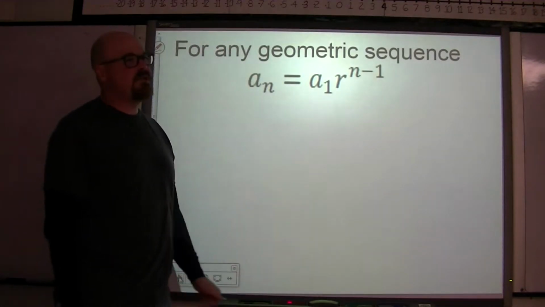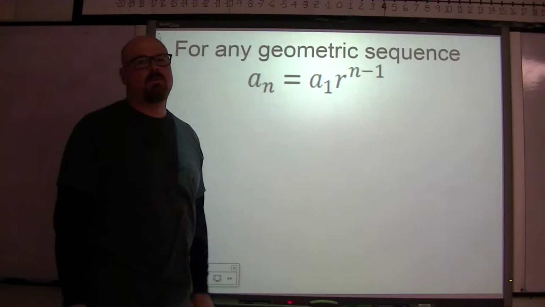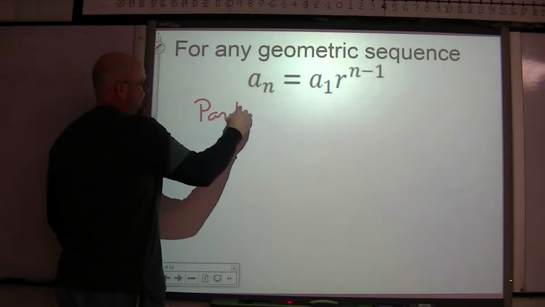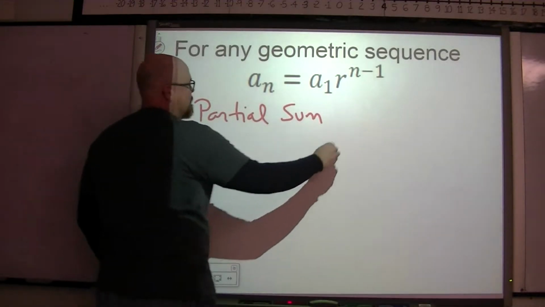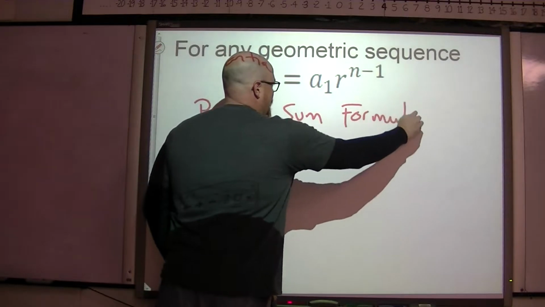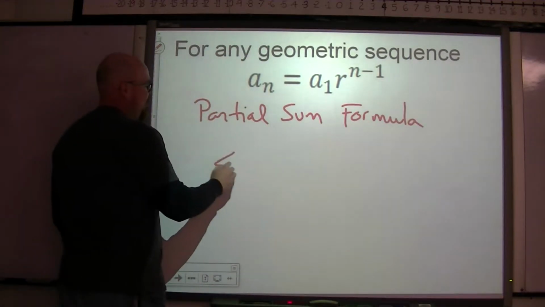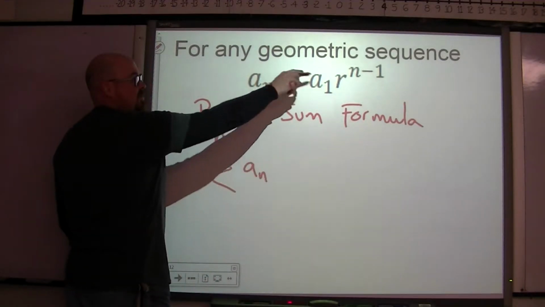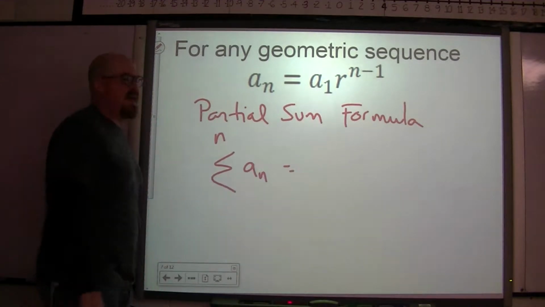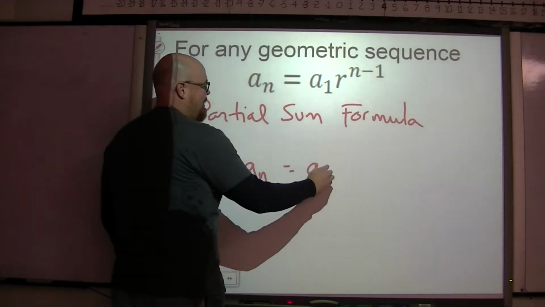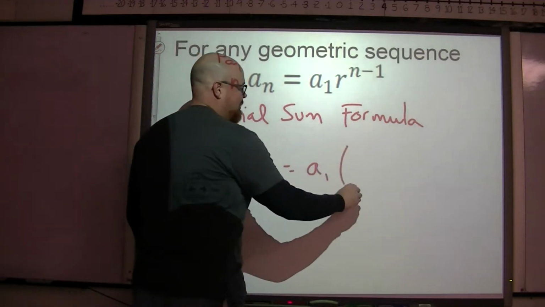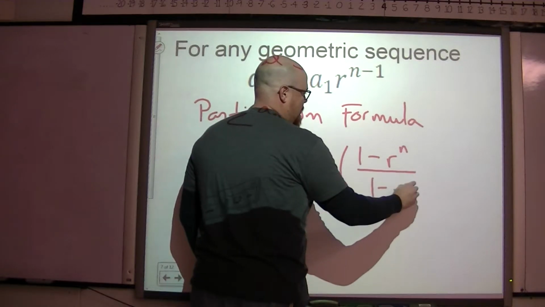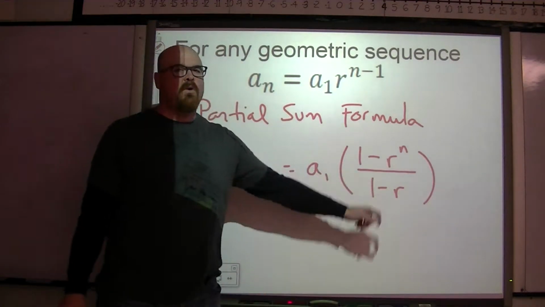So for any geometric sequence defined by our general rule for geometric sequences, if we want to find a partial sum, the partial sum formula for geometric series, if I want to add together n terms of a geometric series defined like this, I can do that by taking the first term and multiplying by 1 minus r to the n all over 1 minus r.